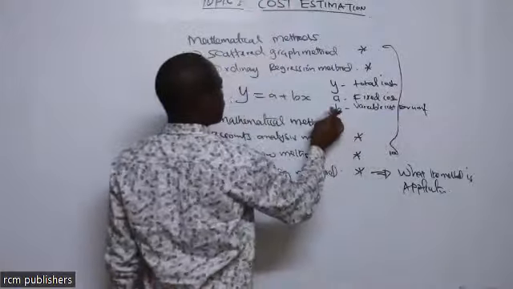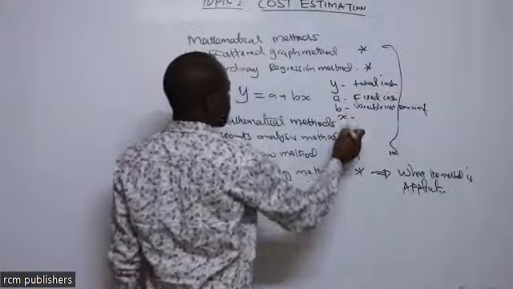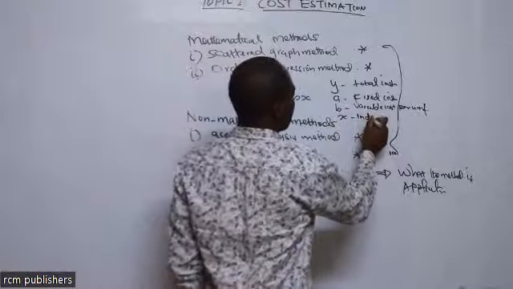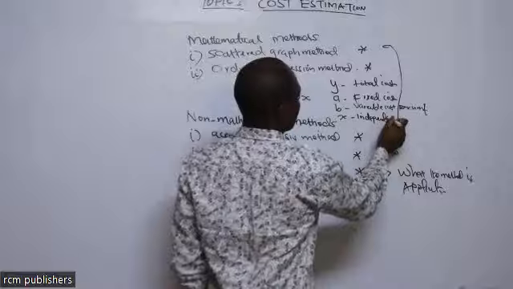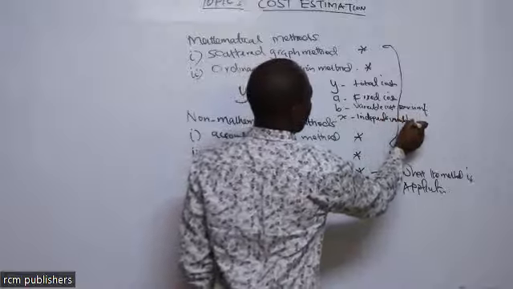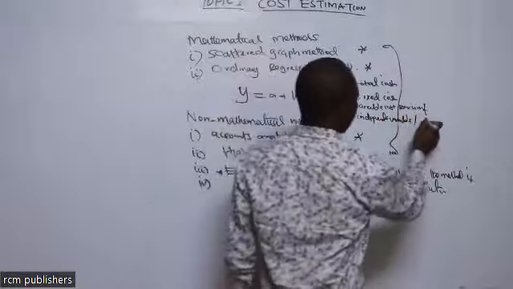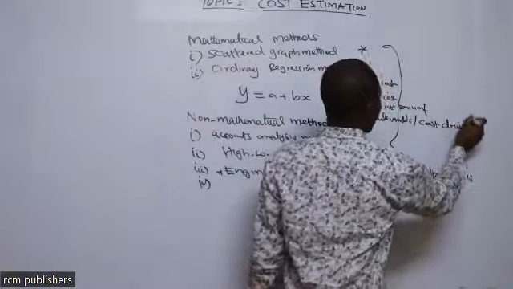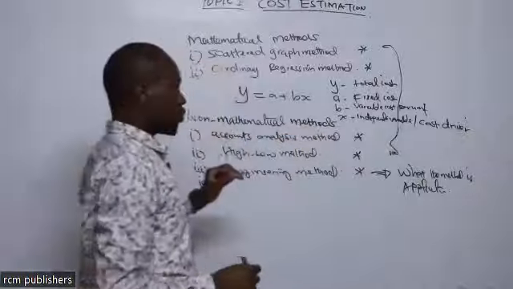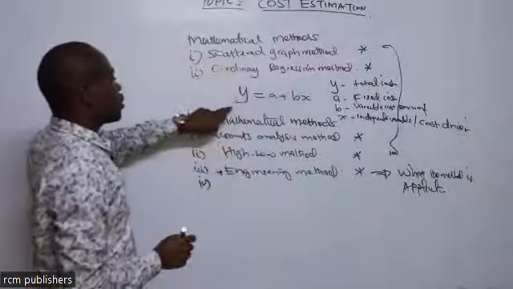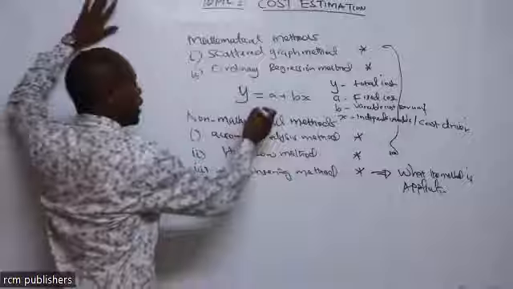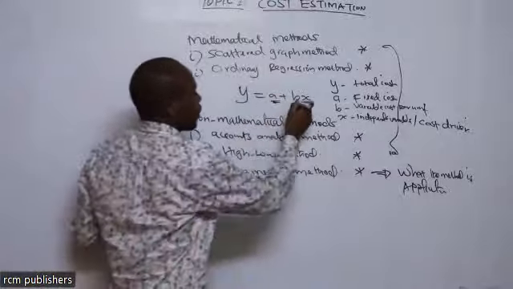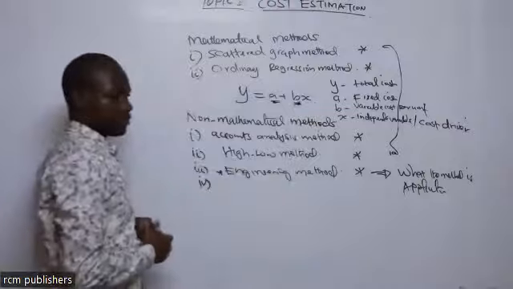Then we get to x, which is now the independent variable. In management accounting, we call it the cost driver. It will determine what the value of y is, because a is constant and variable cost per unit is constant.